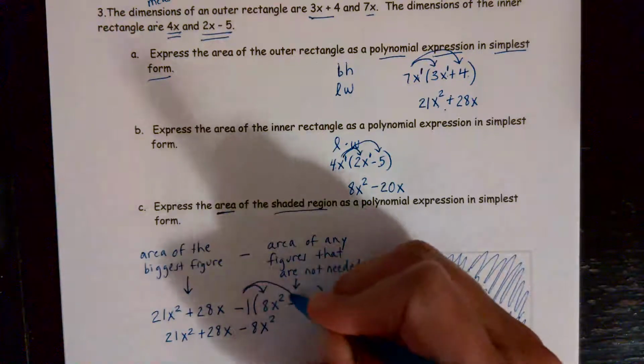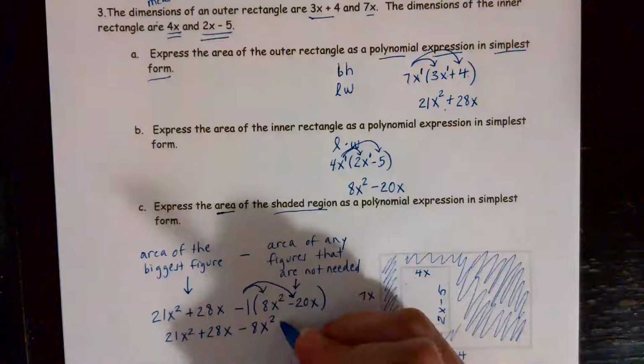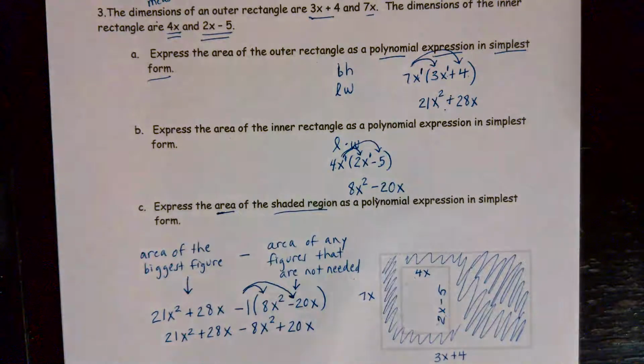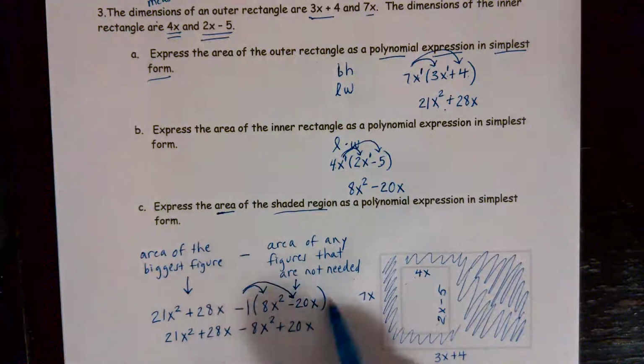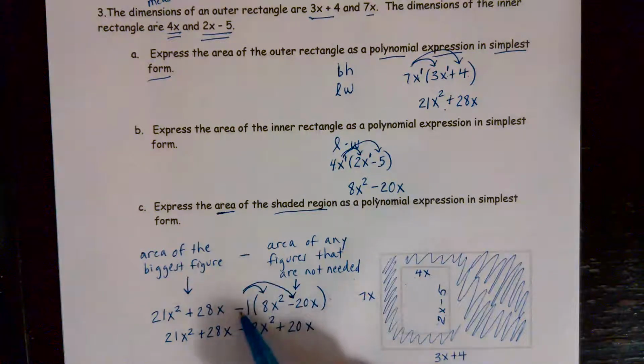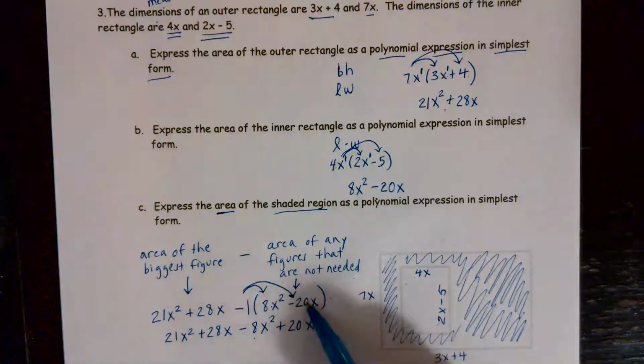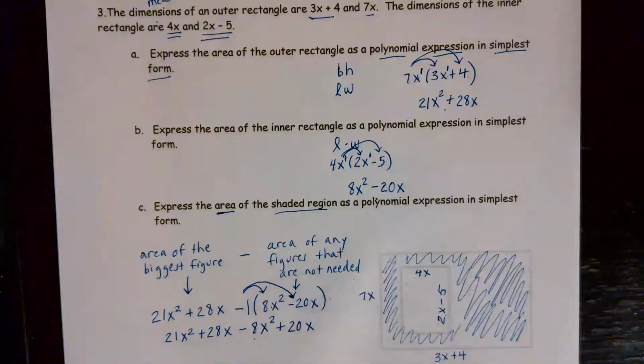And a negative 1 times a negative 20x is a positive 20x. And let's double check. If I am subtracting terms, which really is multiplying by negative 1, every term in here has to have a different sign. So positive 8x squared became negative 8x squared, and a negative 20x became a positive 20x. So we know we did that correctly.